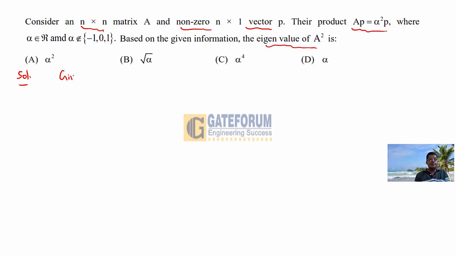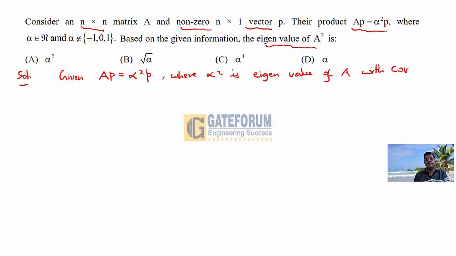So given A times P is equal to alpha square times P, where alpha square is the eigenvalue of matrix A corresponding to eigenvector P. Let us denote this as equation 1.